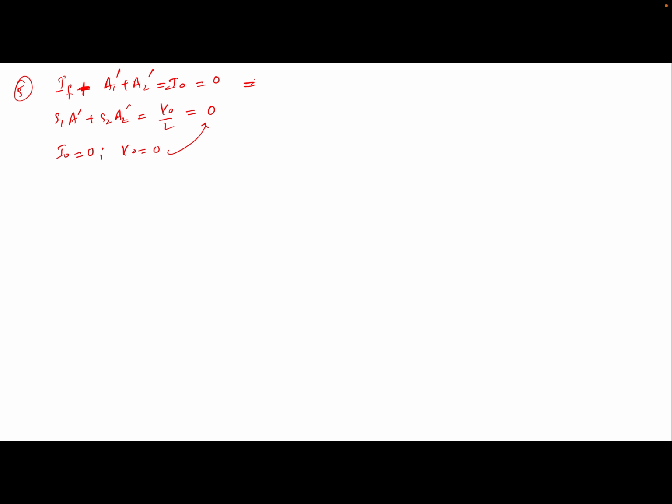I also know that the final current is 24 milliamperes, so 0.024 plus A1 prime plus A2 prime equals 0. And my S1 is minus 20,000 times A1 prime, plus S2, minus 80,000, times A2 prime, is equal to 0, right?